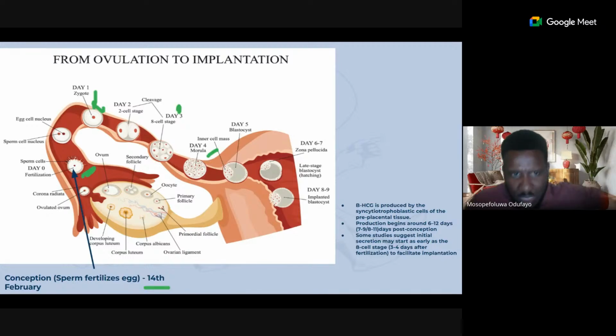this particular thing that had been around the egg, called the zona pellucida, starts dissolving properly. And then around the 8th day, day 8, day 9, something happens. Our blastocyst begins to implant into the womb.